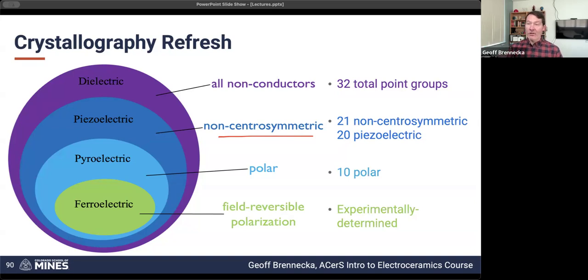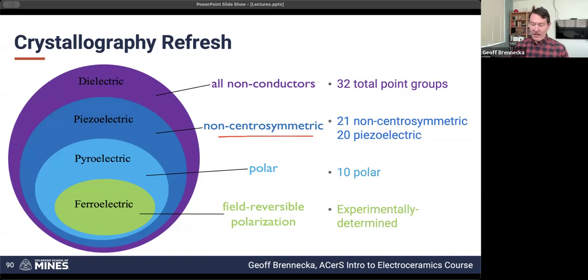So the other 12, or 11, depending on whether or not you count 432, point groups simply cannot ever be piezoelectric. It's just forbidden because anytime you squeeze on the crystal structure, you're going to get a symmetric response, and that's not piezoelectricity. So we'll get into what that means in a little bit.